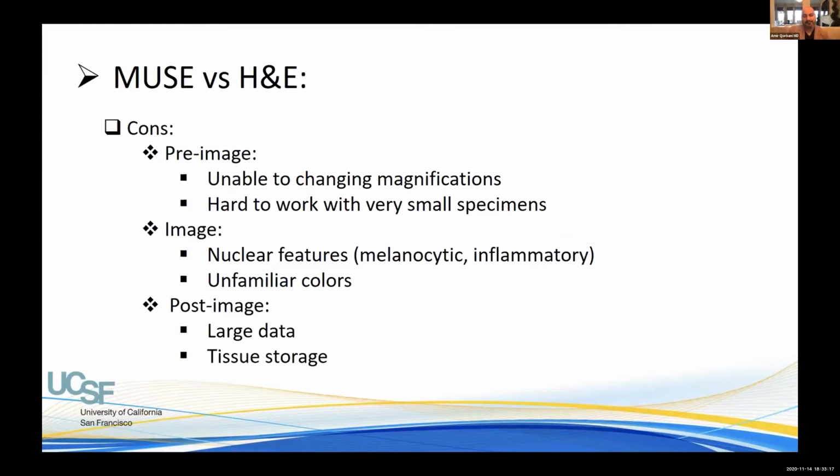Okay, the problem was the pre-imaging processing. We couldn't change the magnification, the way that it's developed. You cannot change it because of the physics behind this method. We are trying to fix it, but so far we are fixed at 10x magnification, and it limits some of the diagnoses that require higher magnification.